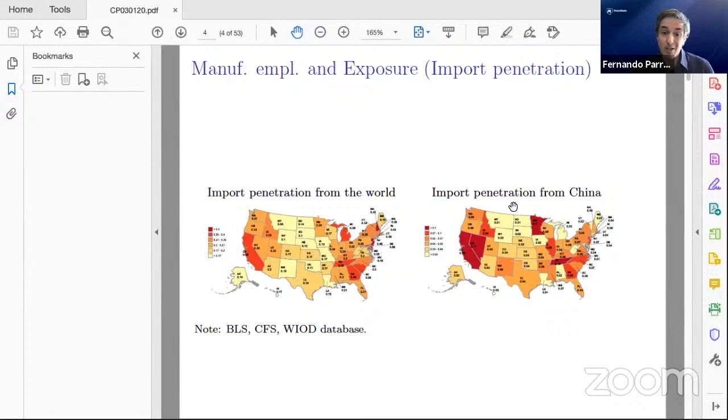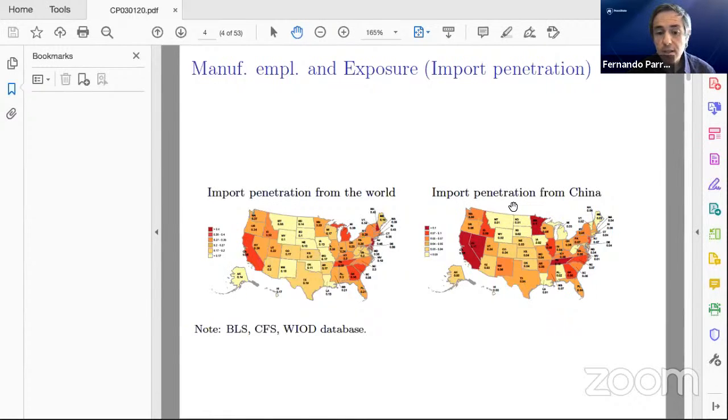Are they going to go to states that are highly exposed to changes in tariffs? Or are they going to go to states that are large and have a lot of employment and a lot of capital? Or are they going to go to places like Detroit, that has a lot of unused capital and potentially very low rental rate of capital, and labor is going to gradually move to those places?